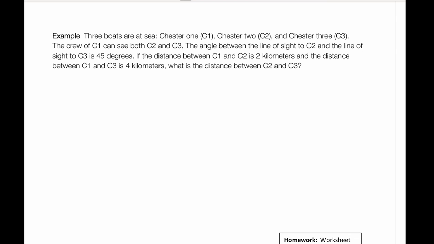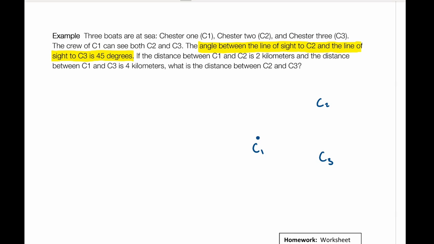So there's quite a lot to unpack here just because of the way it's worded. But we're going to highlight a couple things to help you out before you try to solve it. The angle between the line of sight between the 2 boats is 45 degrees. So to help you start off, we have C1, which can see 2 boats, C2 and C3.